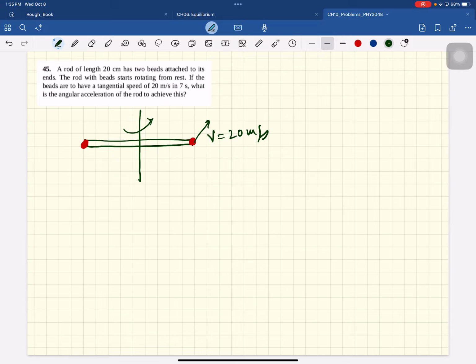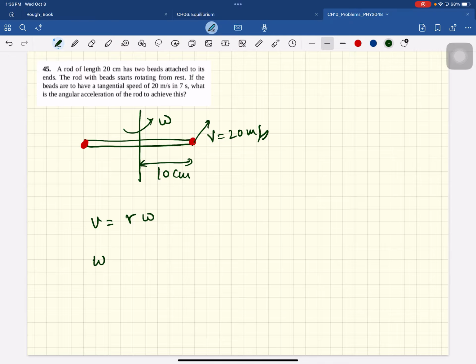Okay, so this is 10 centimeters. Okay. And the linear speed is related to the angular speed as r omega. Okay, so you want this speed to be 20 meters per second after 7 seconds. So we can calculate what is the angular speed at that instant. Okay.